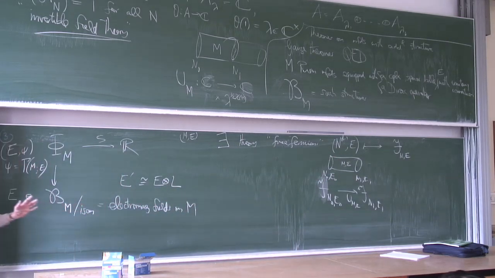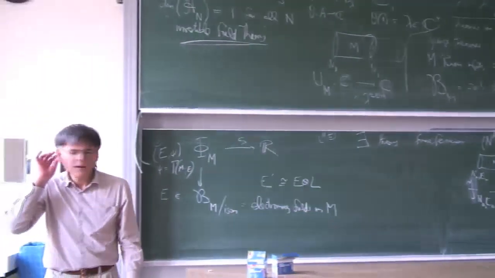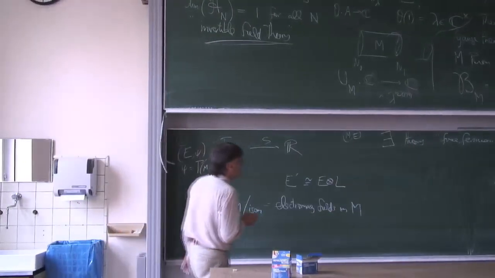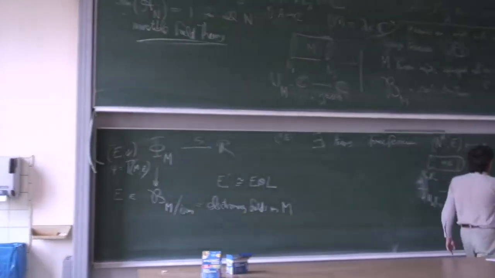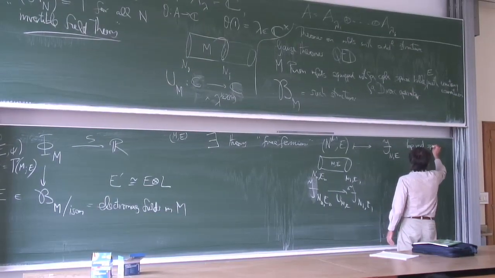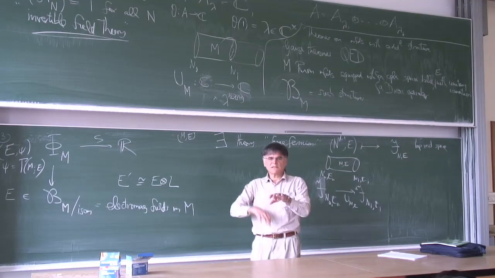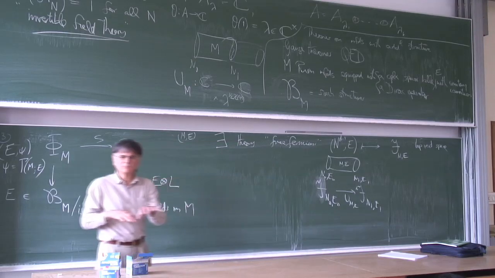I don't want to tell you about the theory. I just want to say, let's just believe. Where does it take values? This is a topological vector space. So this will be some fermionic Fock space made from the sections of the spinor bundle.